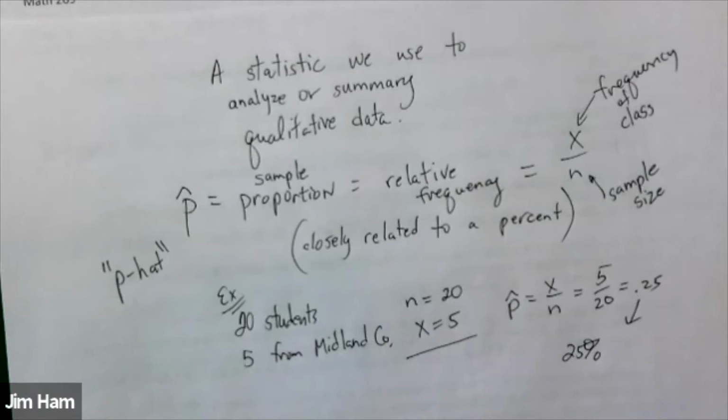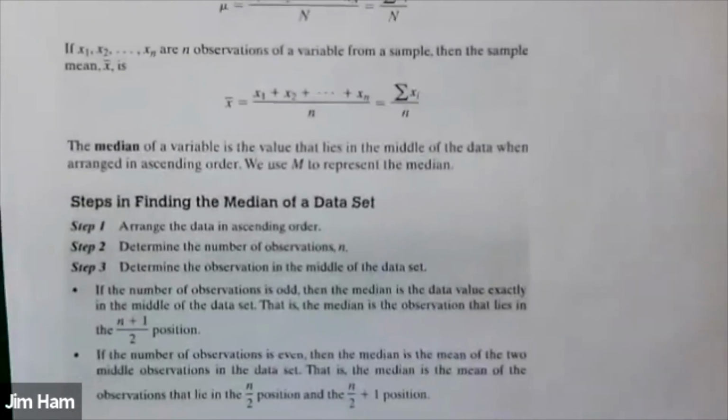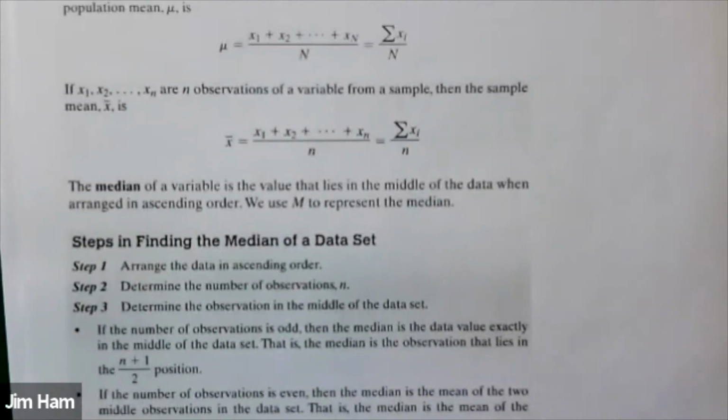Section 3.1 and 3.2 and much of what we do in Chapter 3 and Chapter 4 will be focused on quantitative data. One of the things that we always like to know in a data set is what is the middle? What is the center? If you have a data set where you have some large data values and some medium-sized data values and some smaller ones, what comes in the middle?